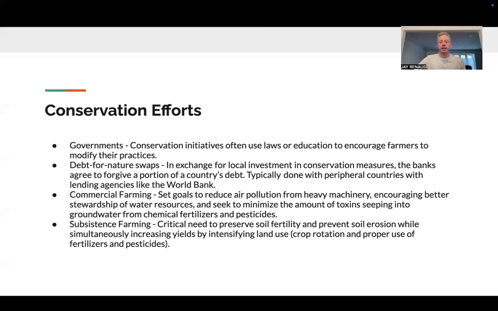And this also happens at an education level with farmers. For commercial farmers to reduce their air pollution from their machinery, to subsistence farmers, preventing soil erosion or the overgrazing with their pastures and their herds to reduce desertification.